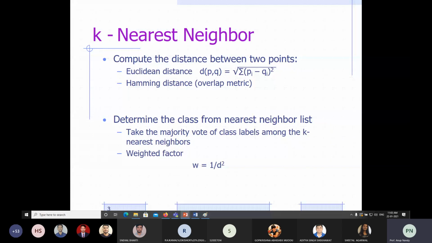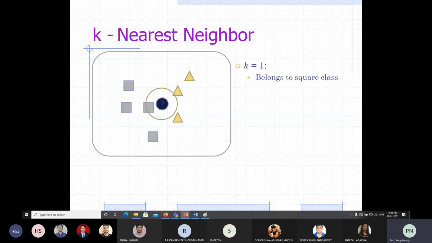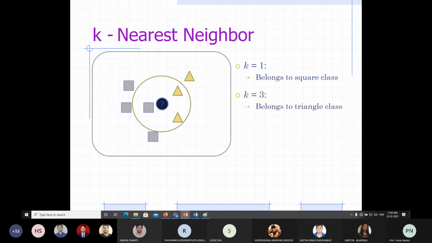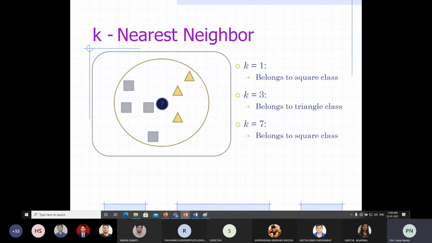Determine the class from the nearest neighbor list by taking the majority vote, or if you have some weighting factor, you can use w equal to 1 by d squared. If k is equal to 1, then it belongs to the square class; likewise for k equal to 3, k equal to 7, and in this way you choose the value.